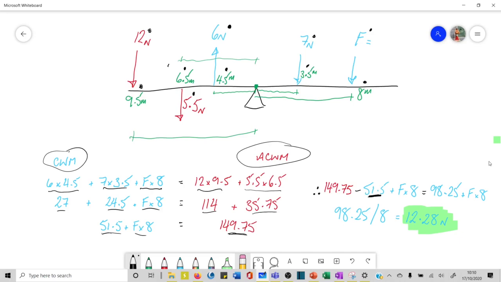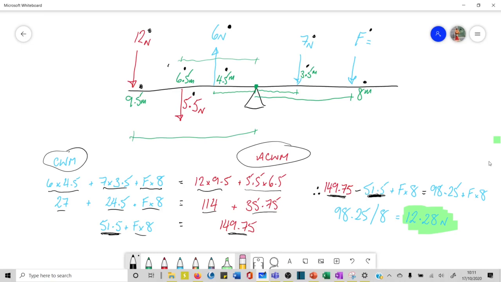So we take away 51.5 plus F times 8, which is over here, from 149.75, which is the total sum of forces in the anti-clockwise moment, minus the known forces for the clockwise moment, which was 51.5 plus F times 8. That equals 98.25 plus F times 8.